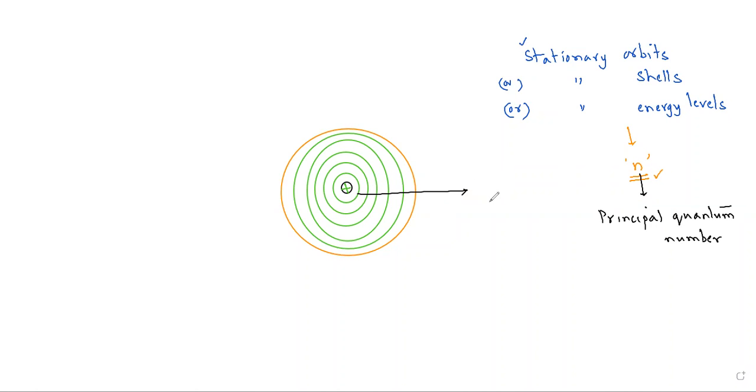Look at what I have drawn here. Here the value of n is 1, and when n is equal to 1, it is called the K shell. Similarly, take the second one. Now say for this n is equal to 2.